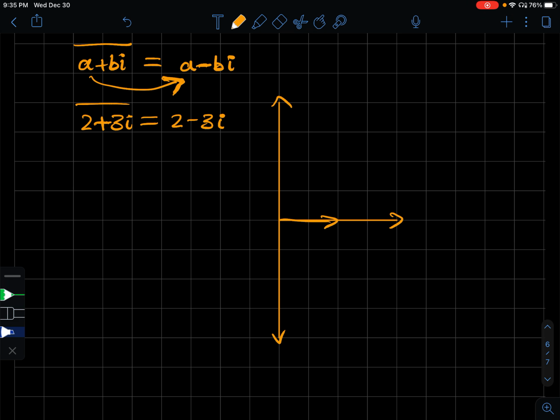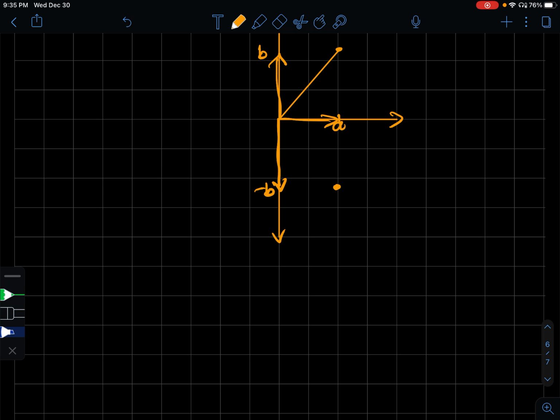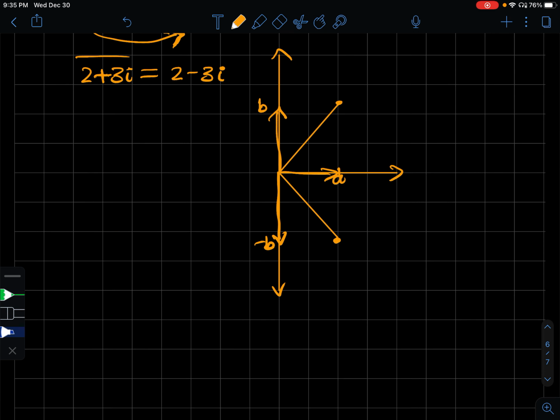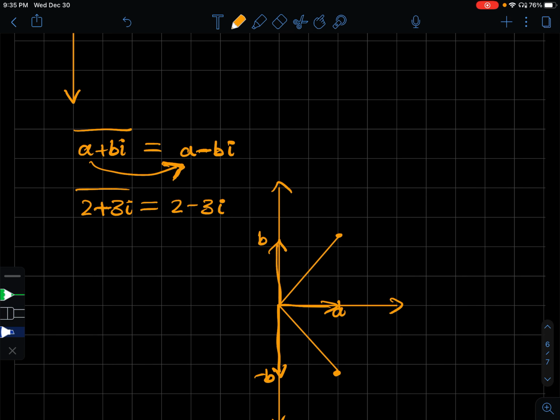So if you were to go a random A in this direction and a B in the upward direction, you will end up with that random number. And negative b is exactly down the same length in the opposite direction. And as you can see, a plus bi and a minus bi are indeed reflections of each other over the real axis. That's the important thing to know about complex numbers.